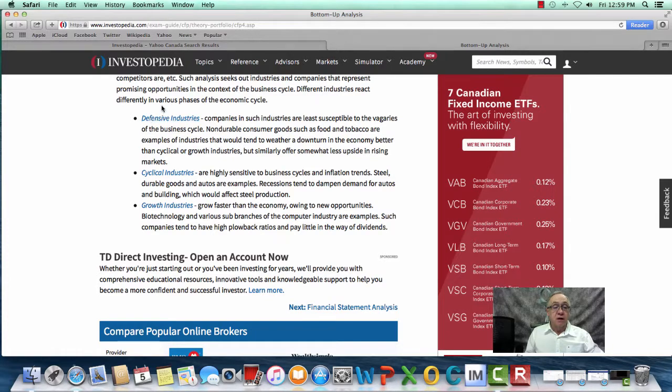So this starts in an Investopedia page, defensive industries. Others that are cyclical or growth industries can balance out portfolios. So perhaps you've been investing for years, you've been in the technology or pharmaceuticals, biogenetics, growth sectors, and you wish to come back to be a bit more defensive if you have a view that we're very far into a business cycle.